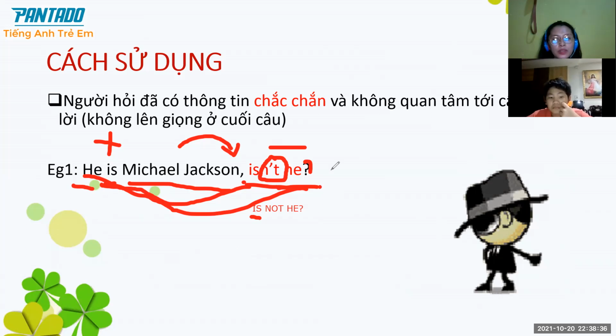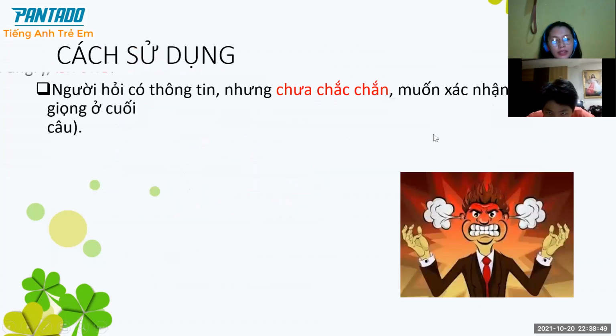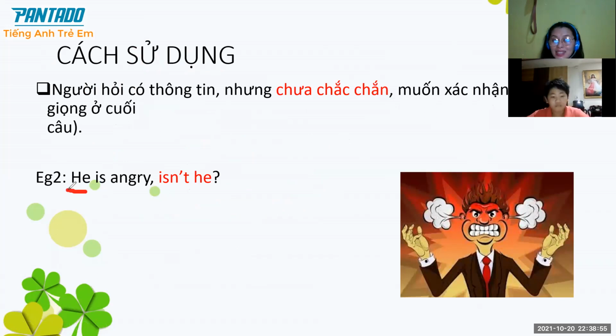The tag question is at the last part, and it is what determines the sentence before. Another example: he is angry. We use he as the subject, is as the verb, then angry. So we will write, isn't he?